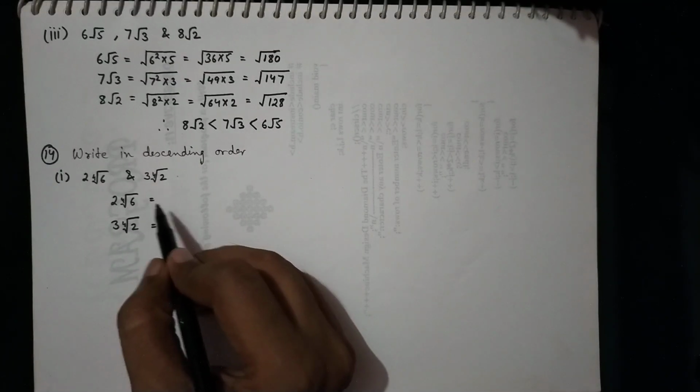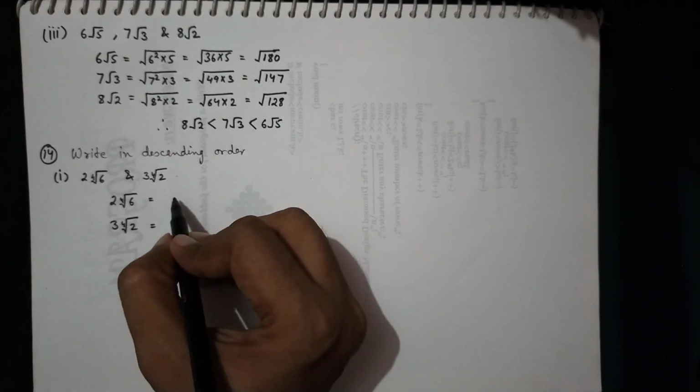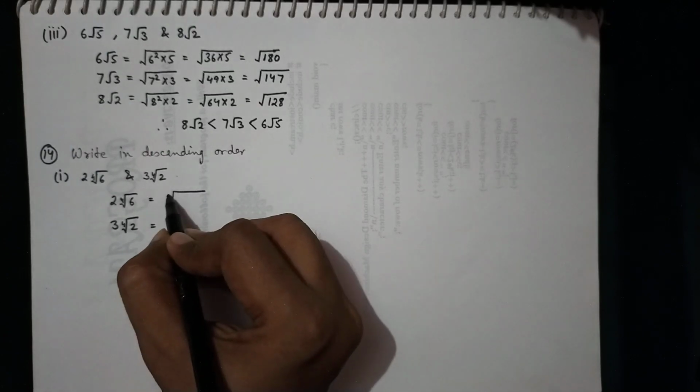Let's see one question for the descending order too. Now here is the question in which again both will be written in one form, that is, 2 to the root of 4.